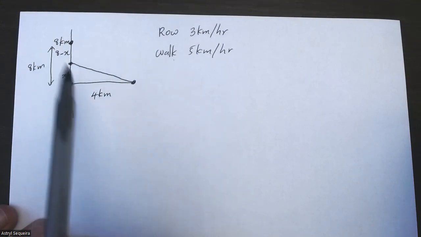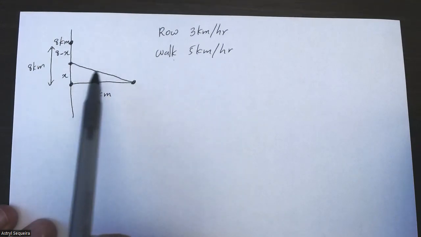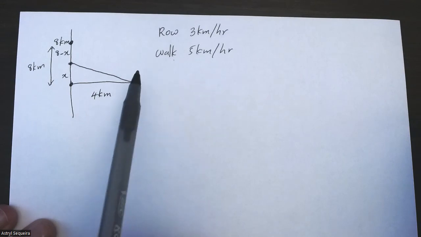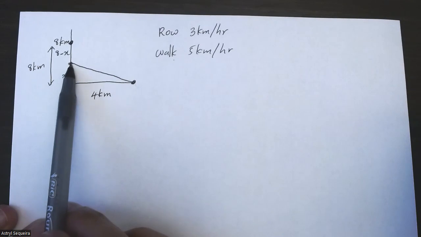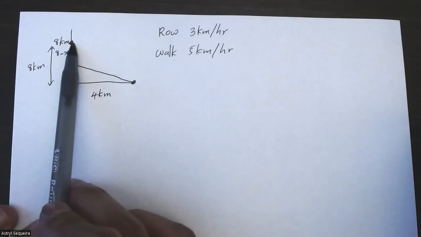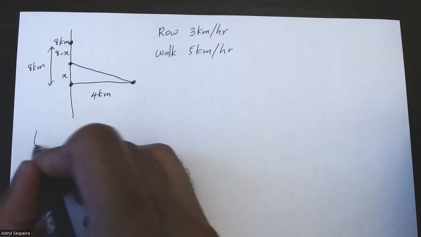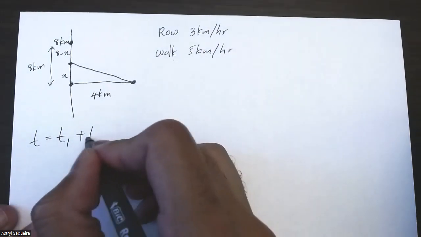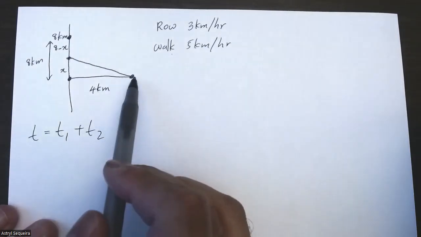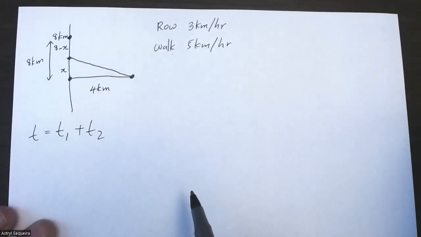Okay, so now we want to do everything in terms of time. The total time it's going to take him is the time it takes for him to row till here, then the time it takes for him to walk till there. I'll call those T1 and T2. T1 is this time and T2 is this time over here.